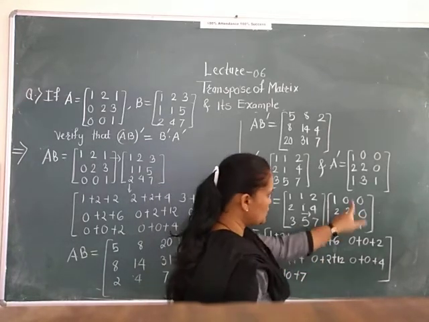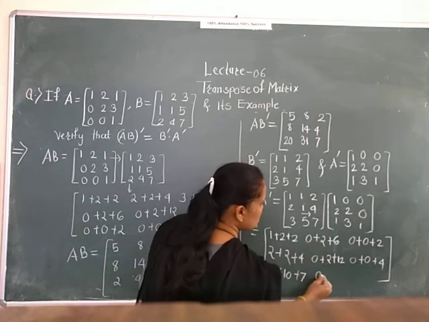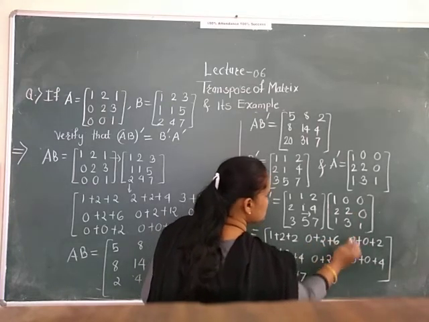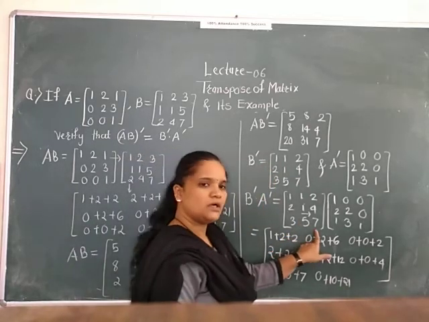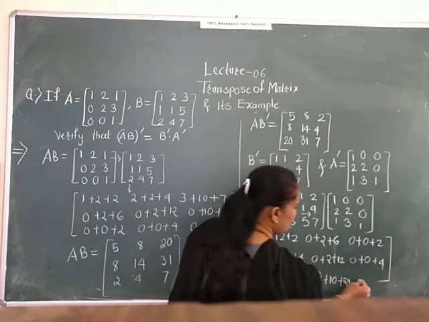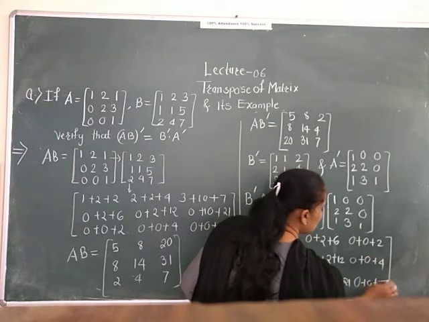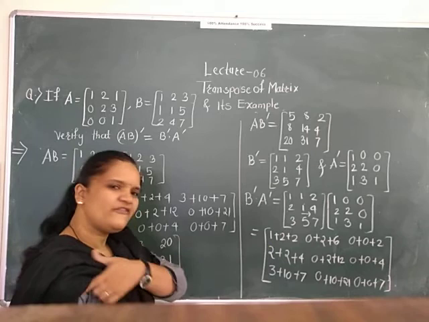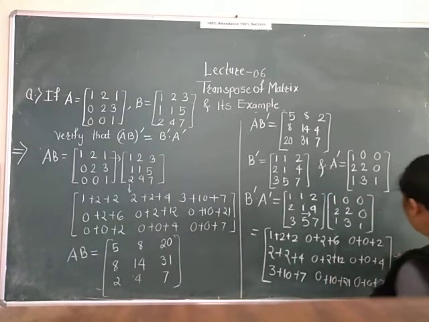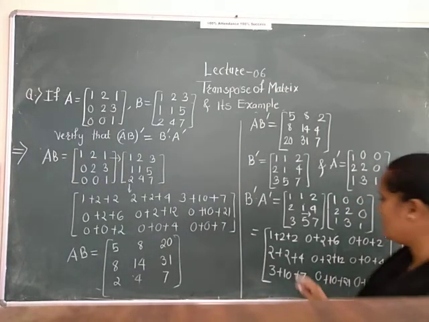Then third row, second column, it is 0 plus 10 plus 21. Then third row, third column, it becomes 0 plus 0 plus 7. If we simplify this matrix, what do we get here?